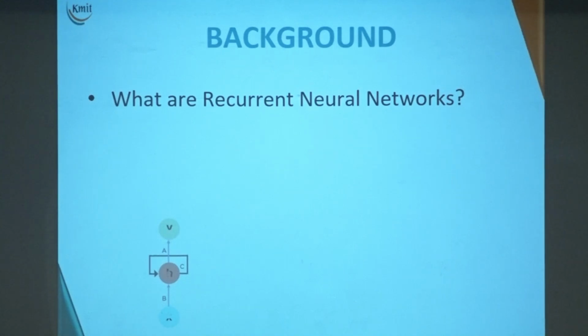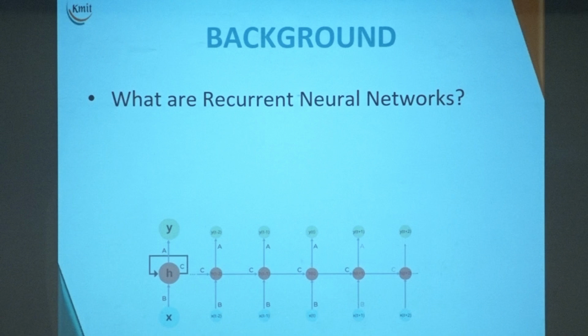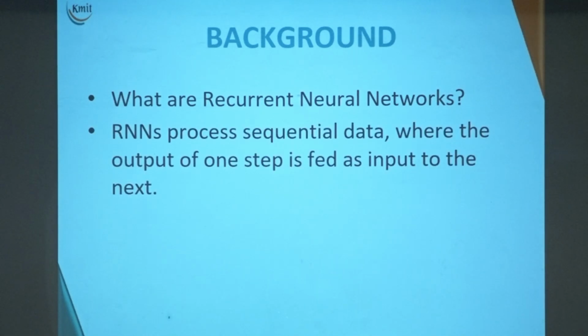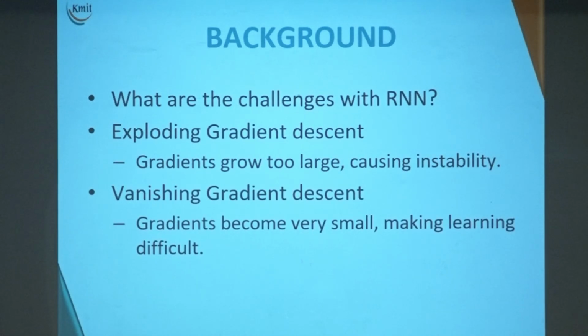The other name for that is a state. So that's a hidden state. Now, RNNs, as you all know, process sequential data where the output of one step is fed as an input to the next step. You are all clear with RNN, right? So, what were the problems that RNN was facing?